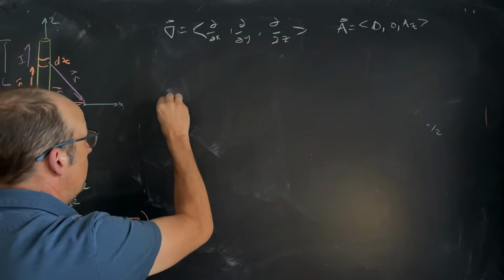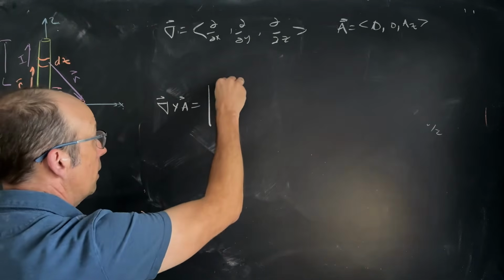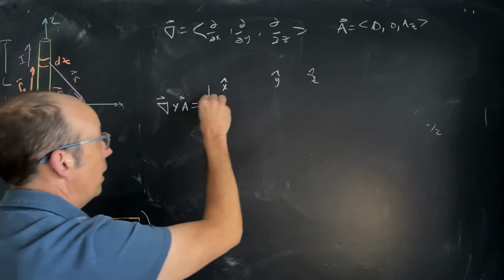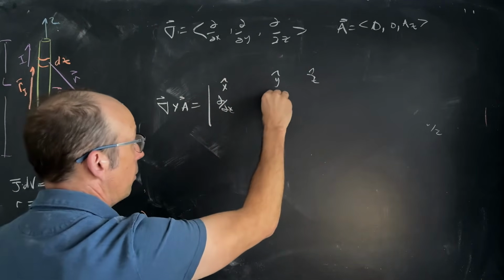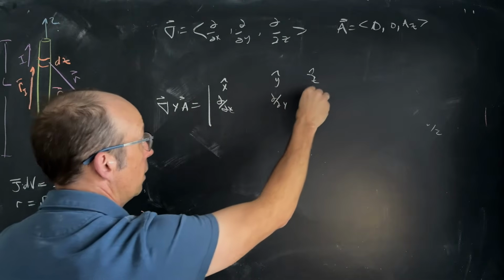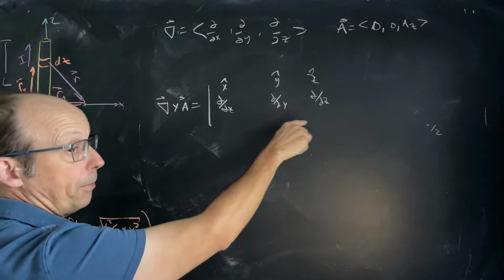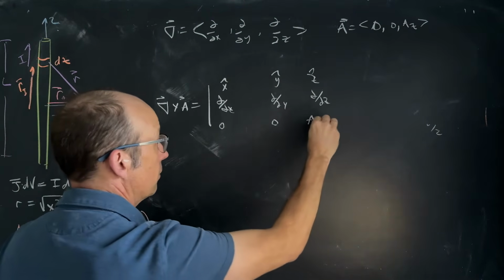So I'm going to say del cross A is going to be the determinant x hat, y hat, z hat. Now I'm going to put my operator right here, the partial with respect to x, the partial with respect to y, the partial with respect to z. Now I'm going to put my components of my A vector. In this case, it's 0, 0, AZ.